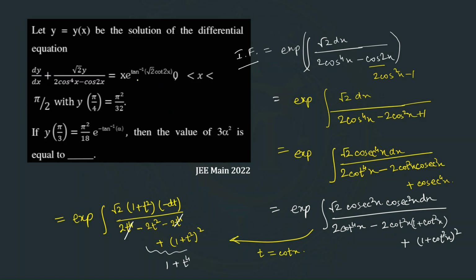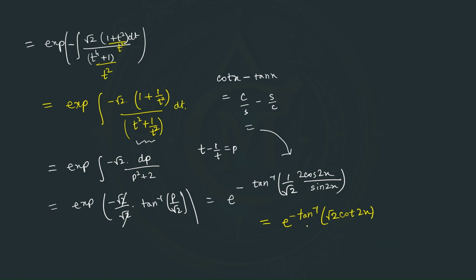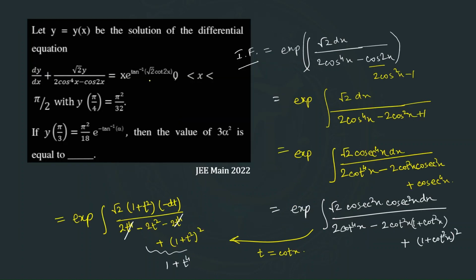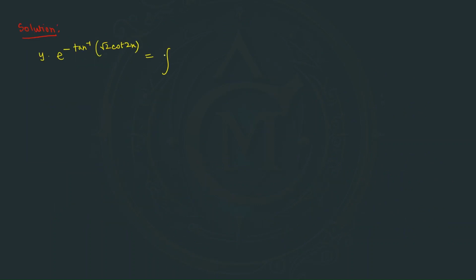So if we multiply this by this integrating factor, the exponential term will get cancelled. So we will be left with only x dx plus integration constant. So this will be x square by 2 plus c. So the solution of this differential equation will be simply y equal to x square by 2 plus c times e to the power tan inverse root 2 cot of 2x.